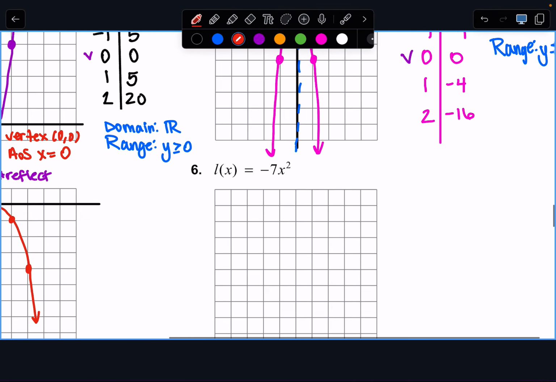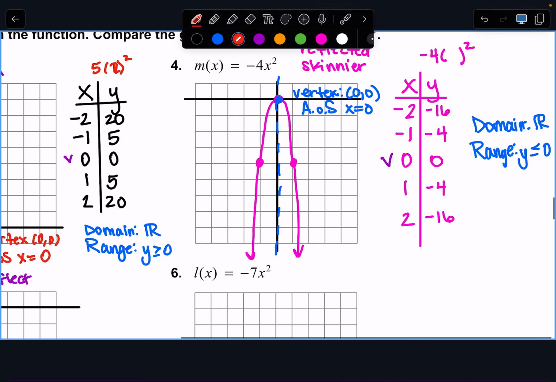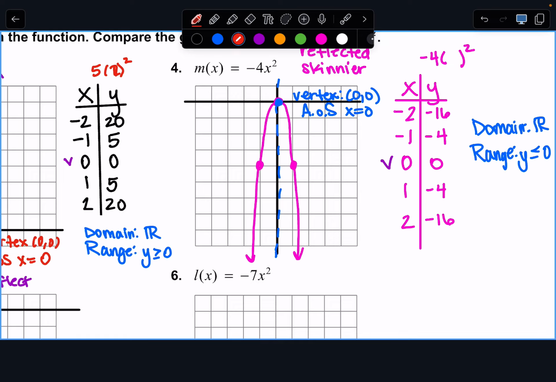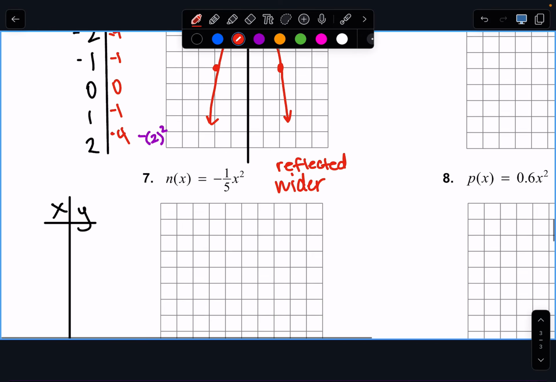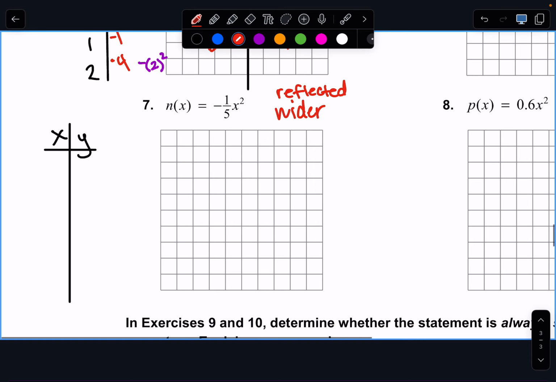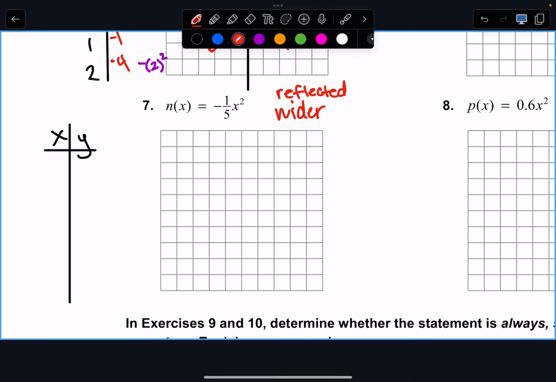Here's the shape of x squared reflected and skinnier. Now we're going to have x squared reflected and it's going to be wider. So what's happening is we're taking -1/5 times x squared.